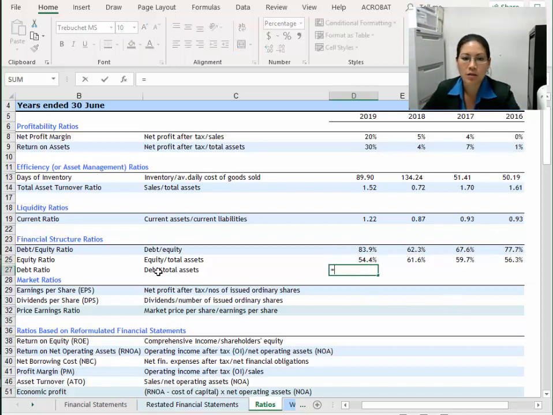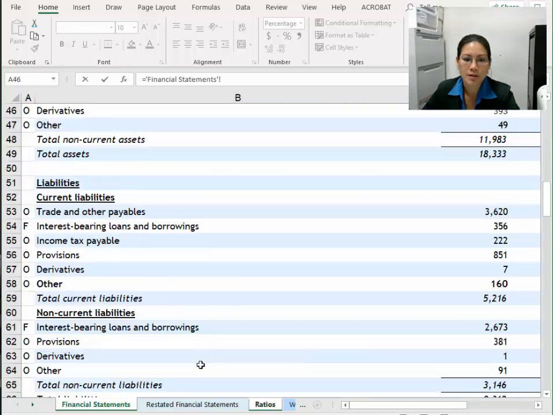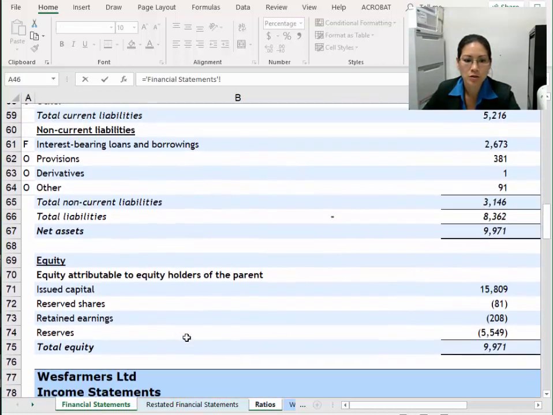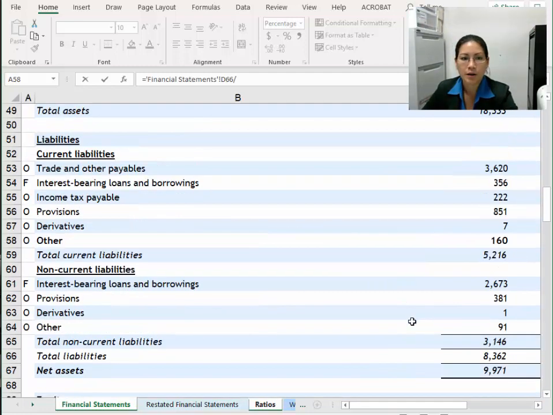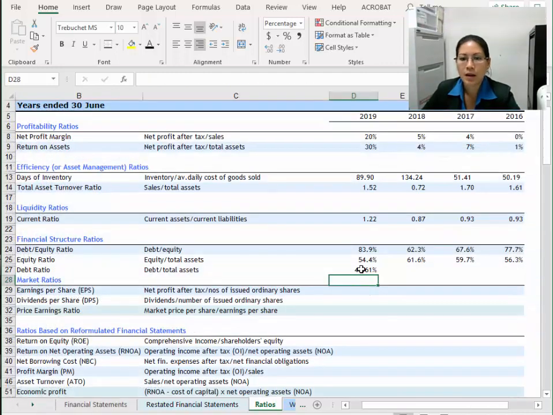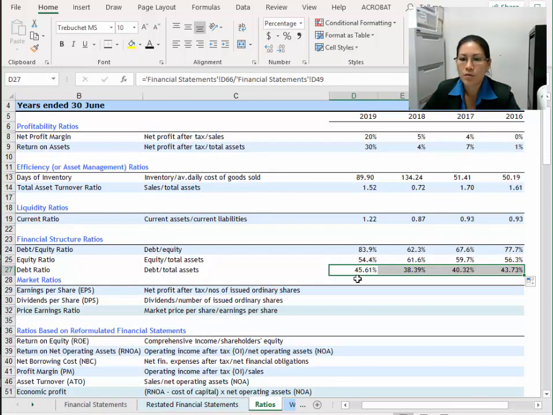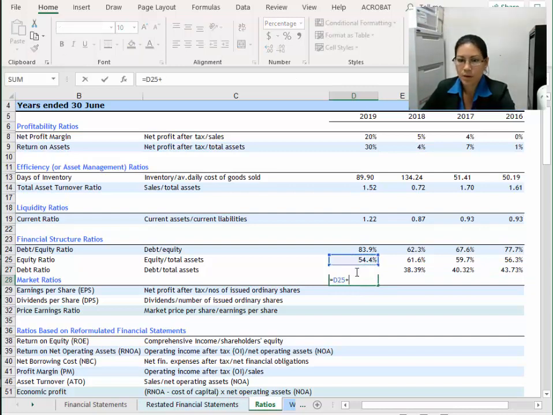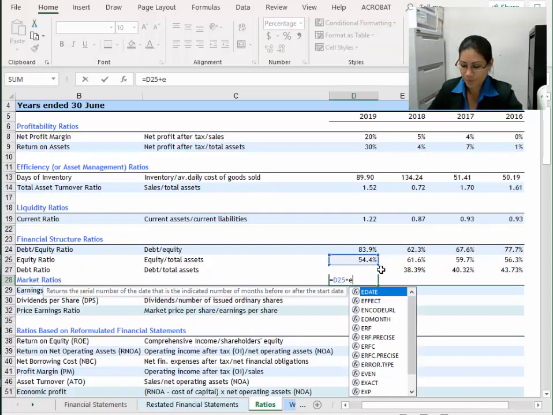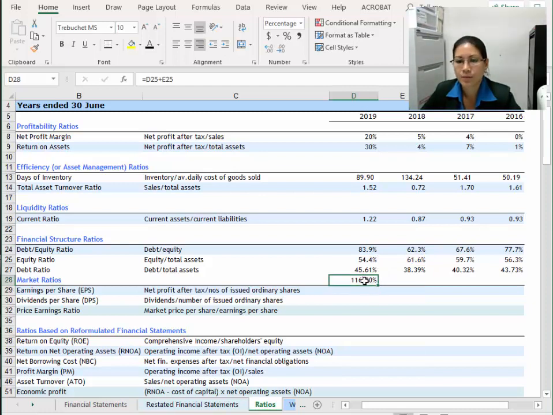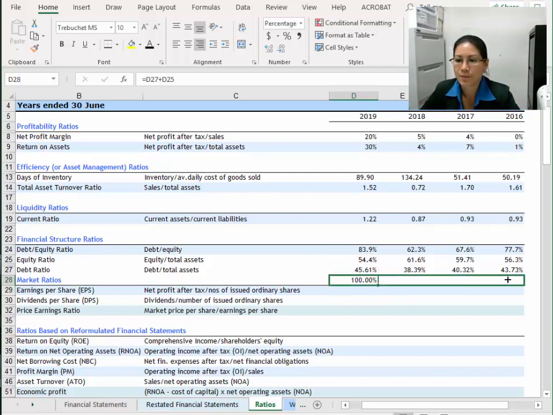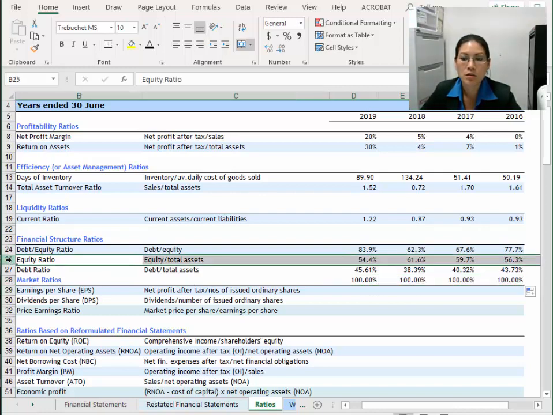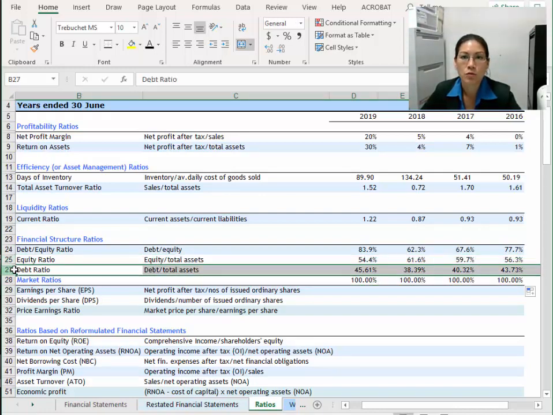So if we go and do the debt ratio, which is debt divided by total assets, you don't have to do this one. I'm just doing it to help you understand it. So total liabilities divided by total assets, okay? If you add both of these up, equals this plus this, you should get 100%, because that's 100% of your company's funding represented by your shareholders, your owners, and represented by the banks or your debt holders.